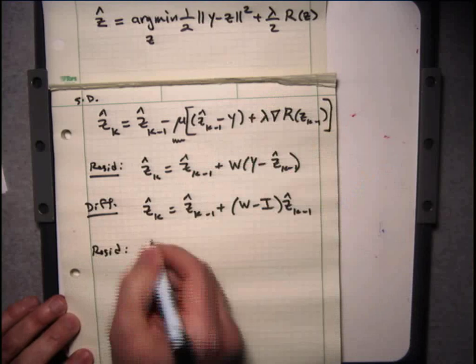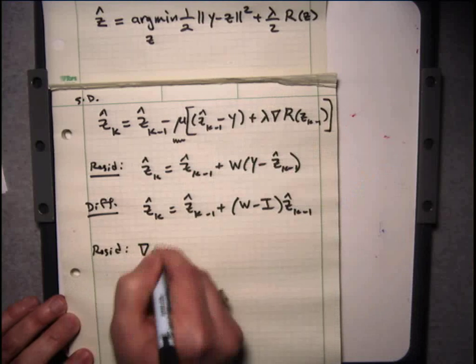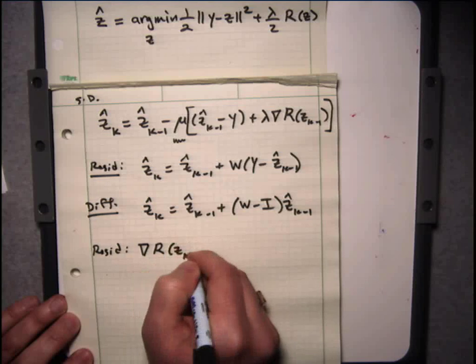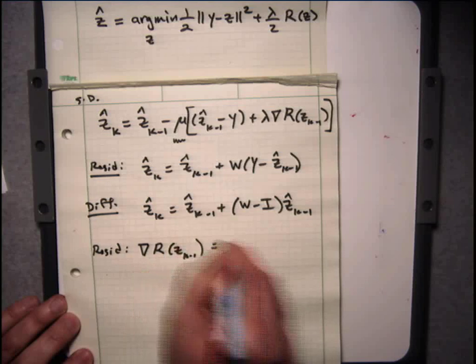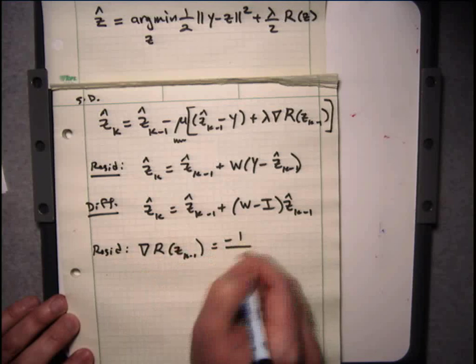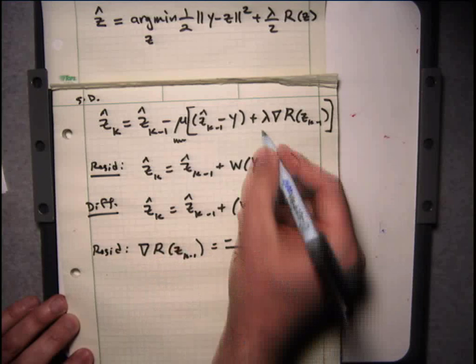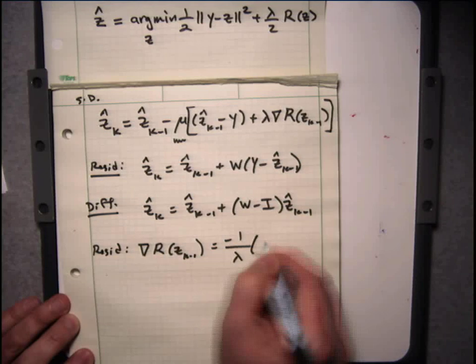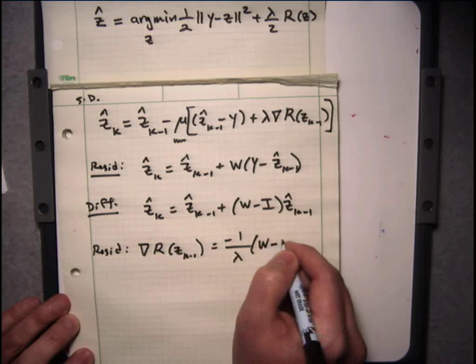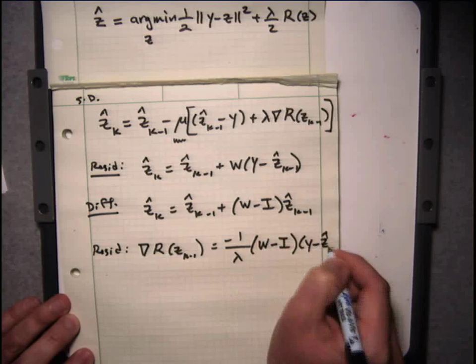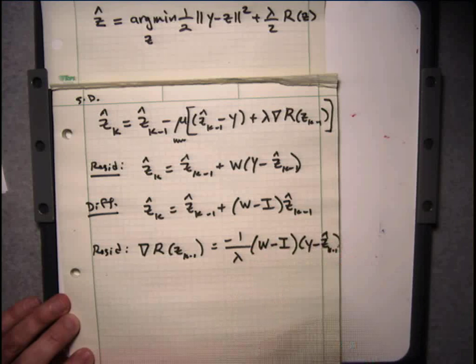Okay, so the gradient of r at z hat k minus 1 is minus 1 over lambda, which is this coefficient here, times w minus I times y minus z hat k minus 1. Okay?